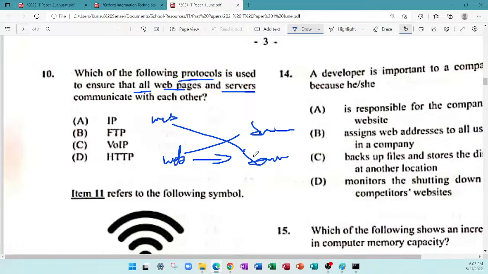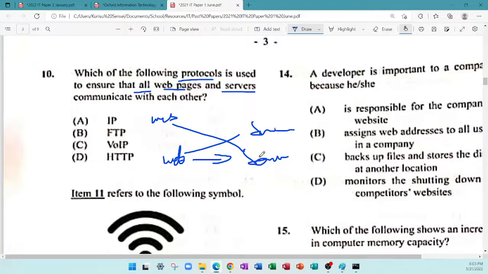Yeah, on the World Wide Web, which is the internet. We can go with HTTP then. Because now that I'm looking at it, IP, it could mean that they're talking about it this way, and it's still going to be HTTP. So HTTP is going to be the answer.